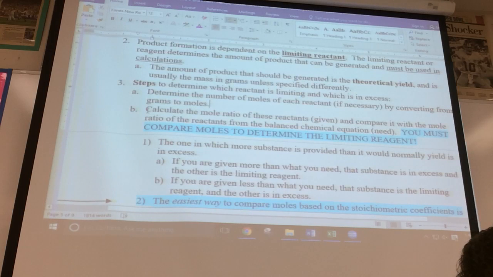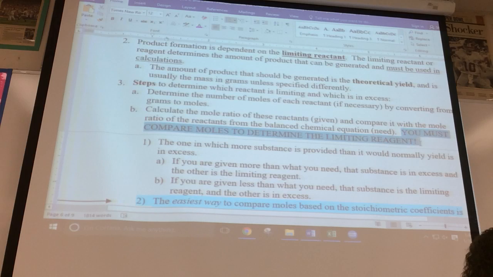You need to calculate the mole ratio of what's given. So you have to compare moles of each substance based on what you've been given and look at the ratio. You will compare it with the mole ratio of the reactants from the balanced equation. That's what you need in terms of the substances reacting in stoichiometric proportions.